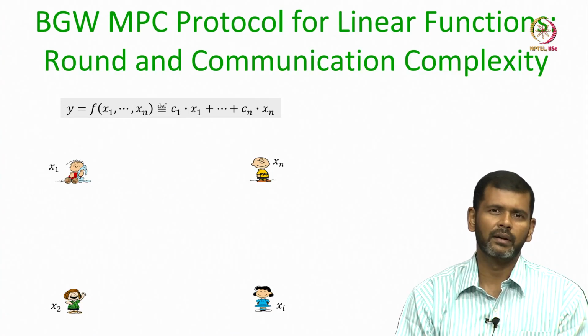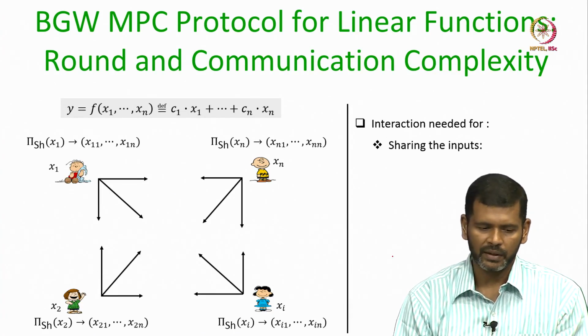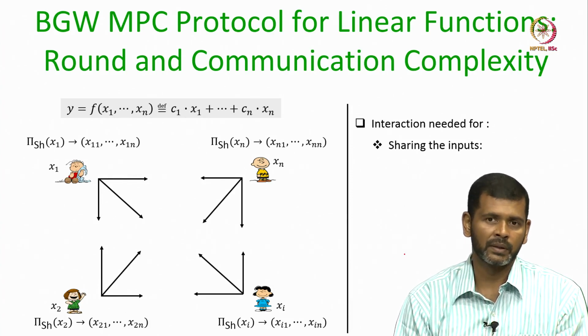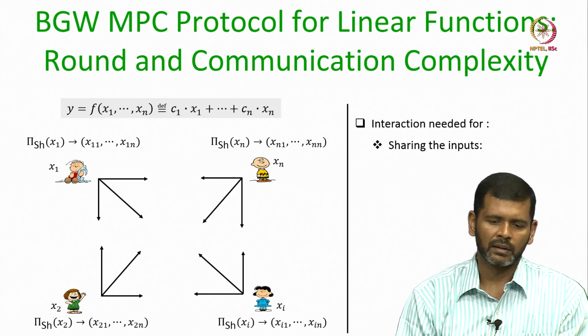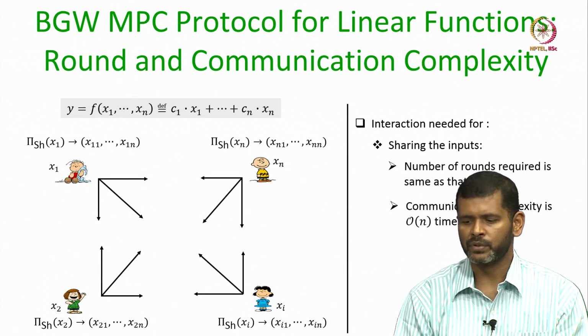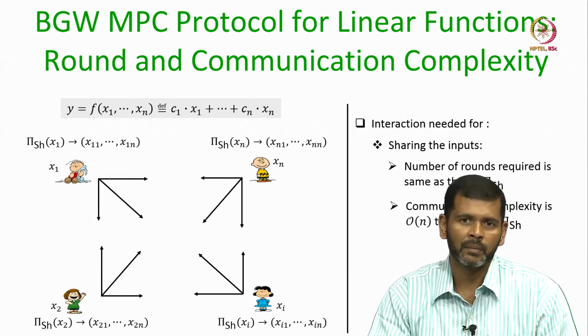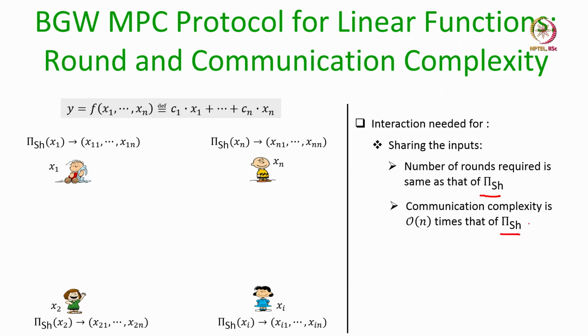Let us do a quick analysis of the round and communication complexity. Interaction is needed in this protocol during the input stage for verifiably secret sharing the inputs. So, the number of rounds in the input stage is the same as the number of rounds in the sharing phase protocol of the underlying VSS scheme, and the communication required will be n times the communication required for one instance of the sharing phase protocol.